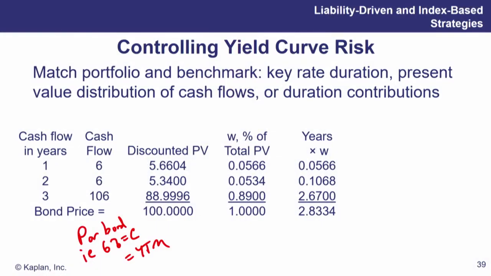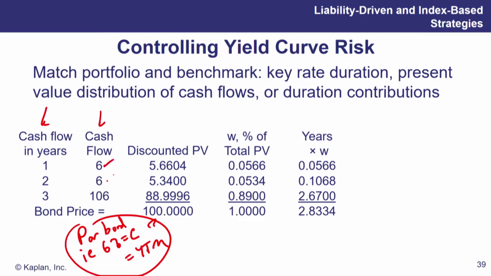How did you learn to calculate the price of a bond? Well, you can discount the future cash flows. This happens to be a par bond initially with a 6% coupon, so of course its yield to maturity is 6%. And it's an annual pay, so we lay out the cash flows and we lay out when the cash flow will occur.